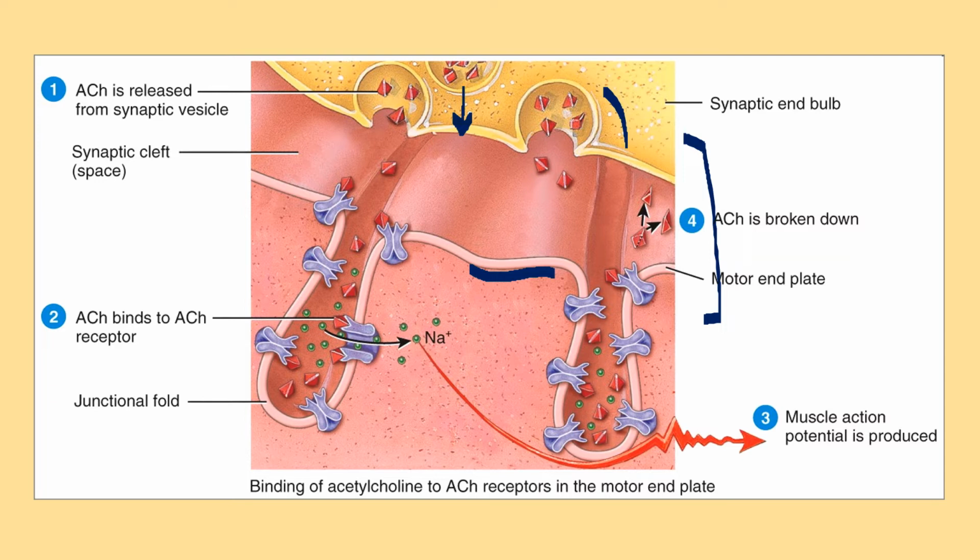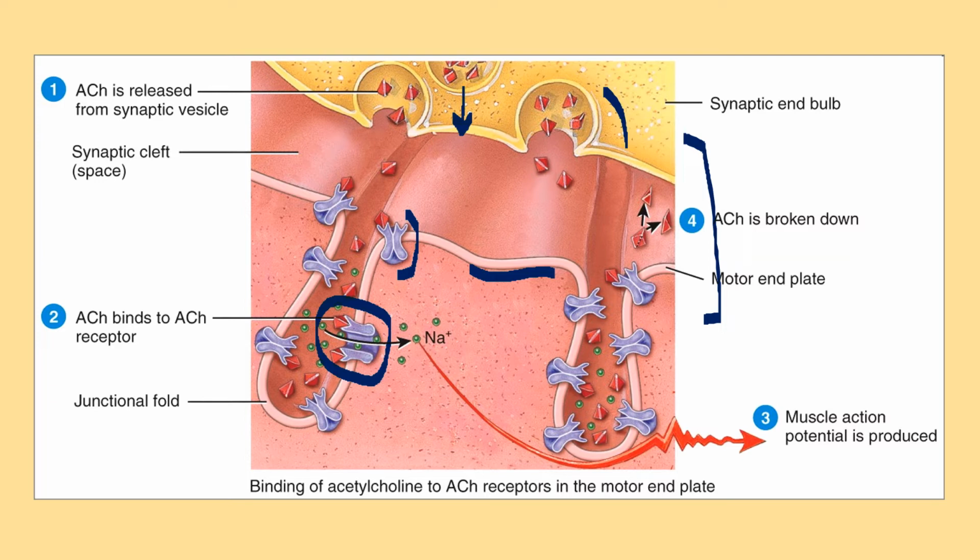What else do we recognize here? We recognize acetylcholine receptors that are part of the plasma membrane of the skeletal muscle cell. We recognize that these acetylcholine receptors bind to acetylcholine. It takes 2 acetylcholine molecules to bind to 1 acetylcholine receptor in order to open the ligand-gated ion channel.